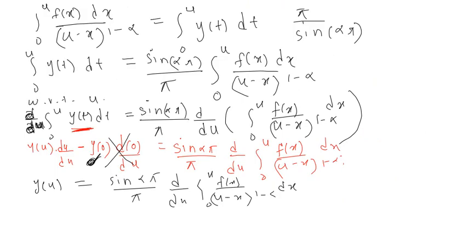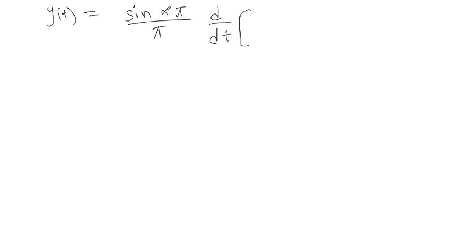So I have got this y of u, let me name it as equation 3. I will rewrite this in terms of t. So that will be y of t equal to sine of alpha pi divided by pi, d by dt of integral from 0 to t f of x dx divided by (t minus x) raised to 1 minus alpha.